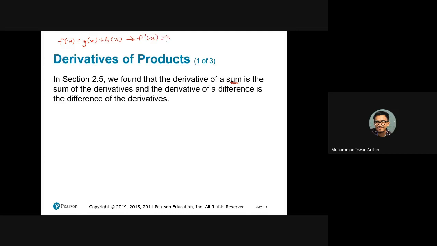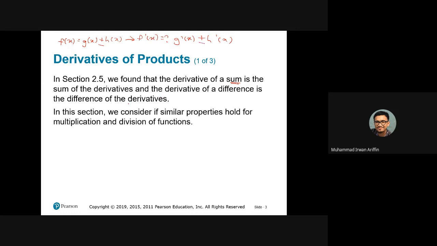We simply differentiate each of them. The derivative of a sum is the sum of the derivatives, and similarly for the difference.